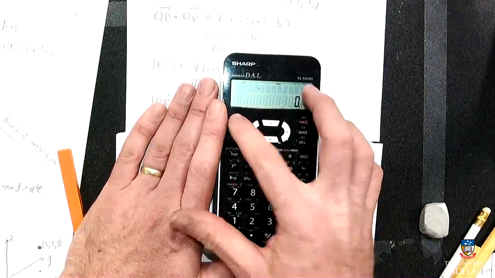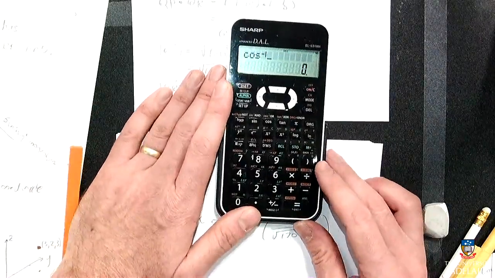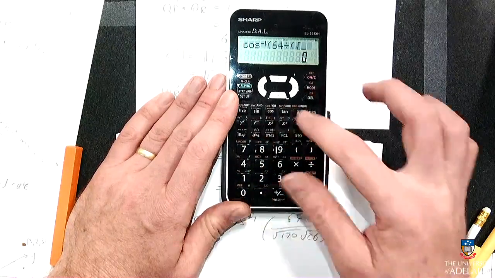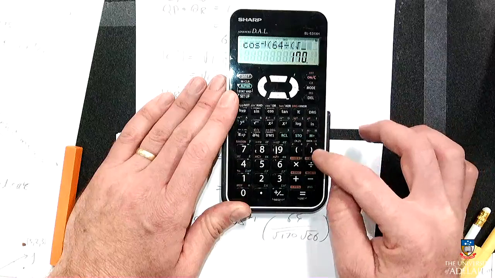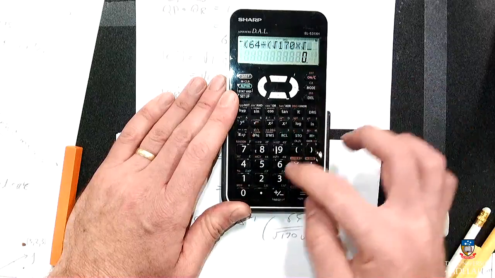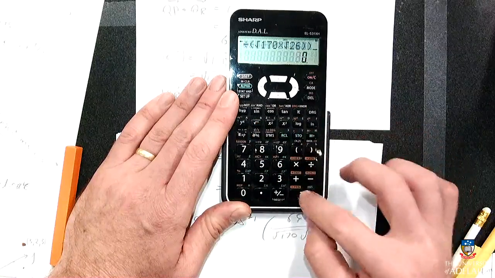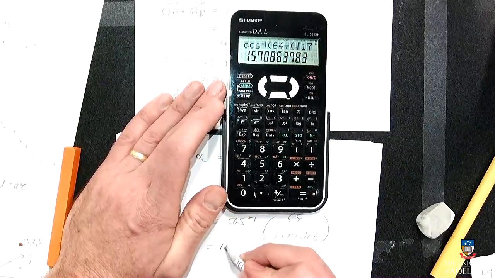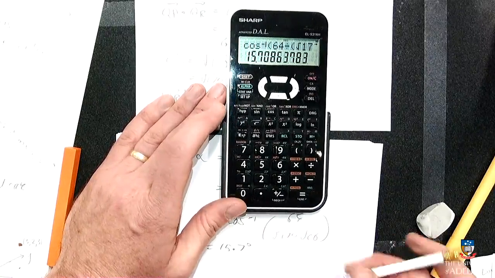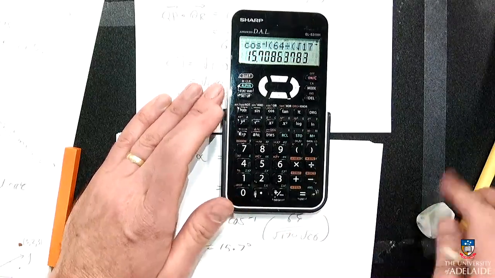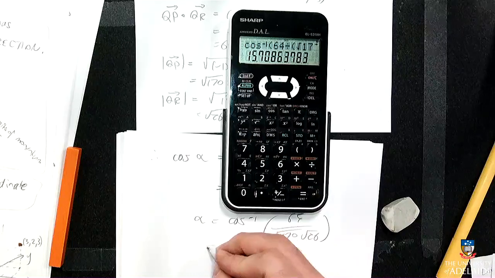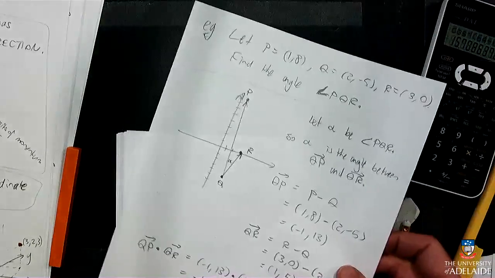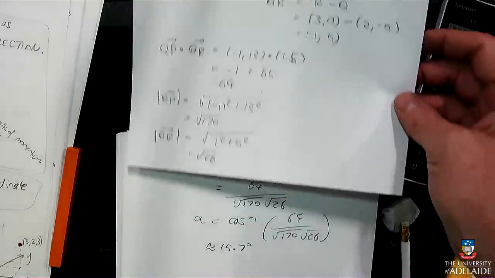So let's see, cos inverse of 64 divided by square root of 170 times square root of 26, which is 15.7 degrees, approximately. Okay, that looks pretty small. Yeah, it looks like about 15 degrees, so we're doing well.